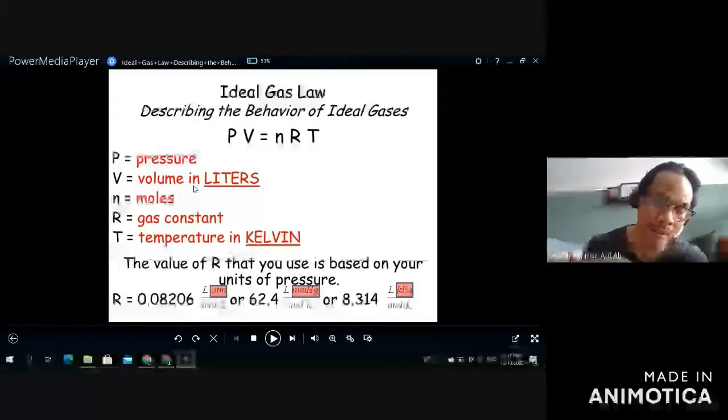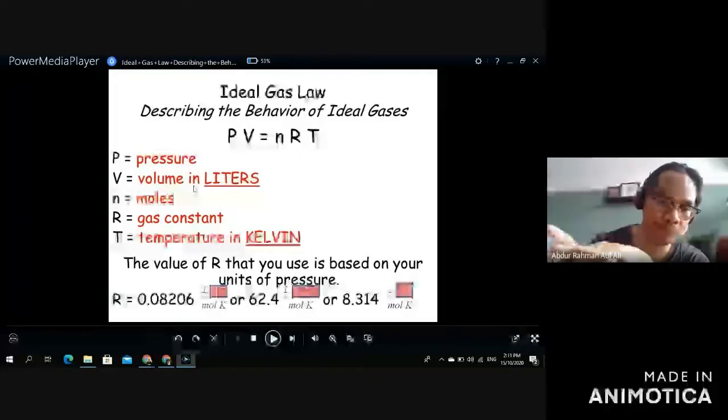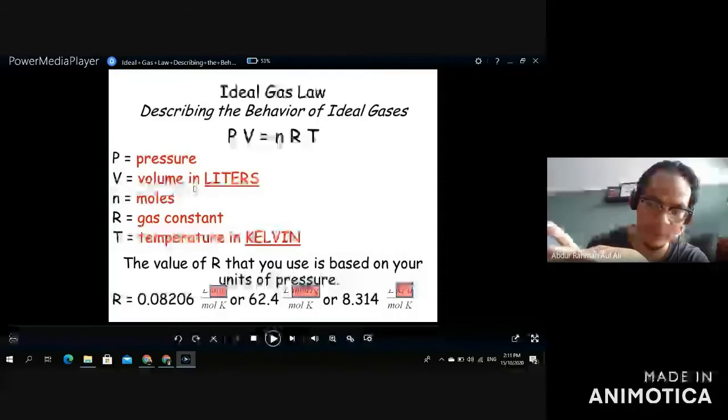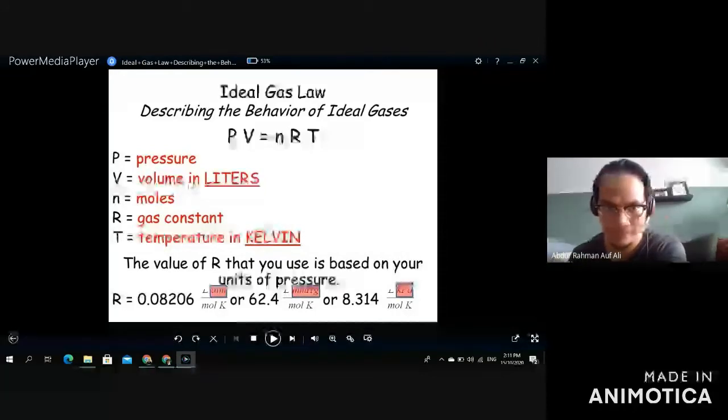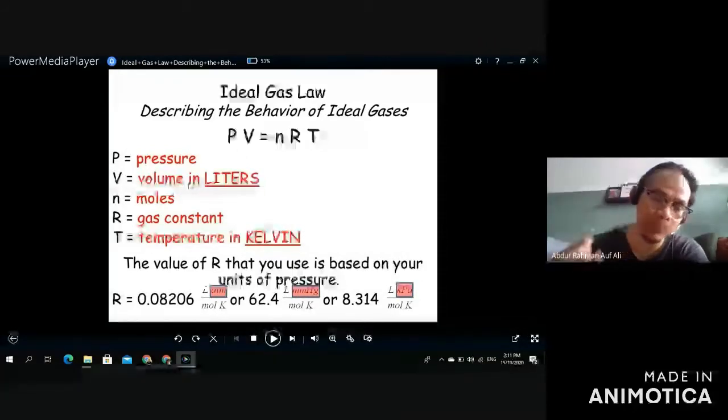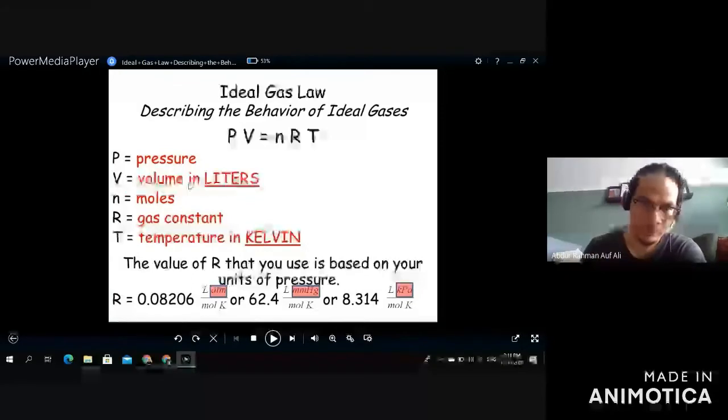So that is one example of how temperature can increase the pressure of the gas in this cawan, given that this cawan is closed, ada airtight lid dekat atasnya. So that's one example of how temperature affects pressure.